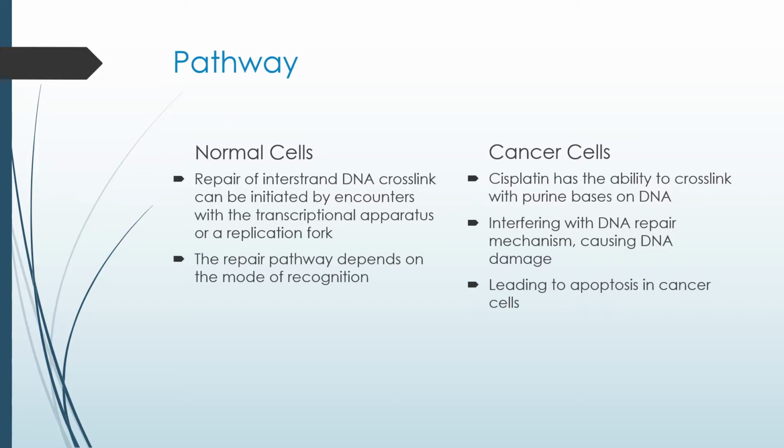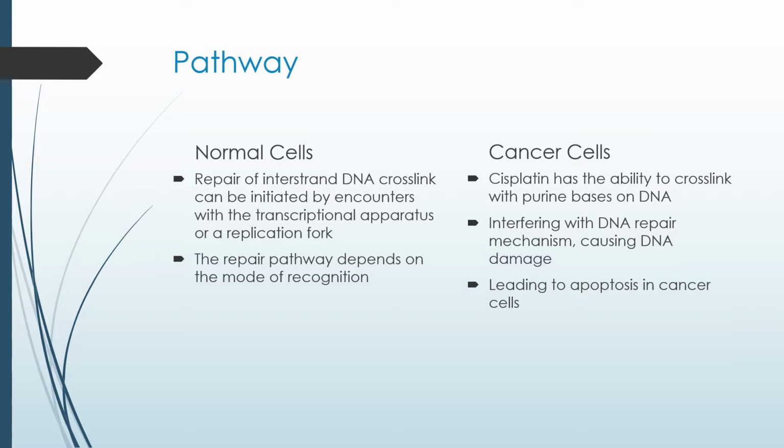In normal cells, the repair of intrastrand DNA crosslinks can be initiated by encounters with transcriptional apparatuses or a replication fork. The repair pathway depends on the mode of recognition. In the context of a non-replicating DNA, the first incision step on either side of the lesion on one strand of the duplex is made by the XPF-ERCC1 complex, and the NER pathway will initiate the second cycle of repair and remove the remaining adduct on the opposite strand.